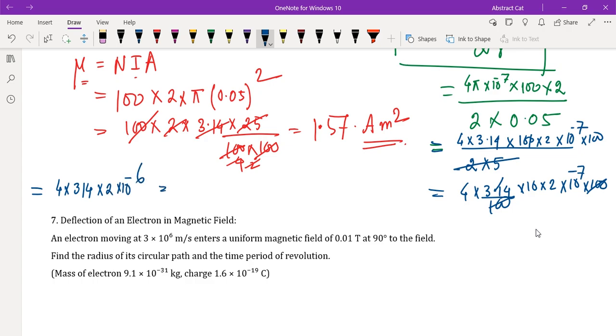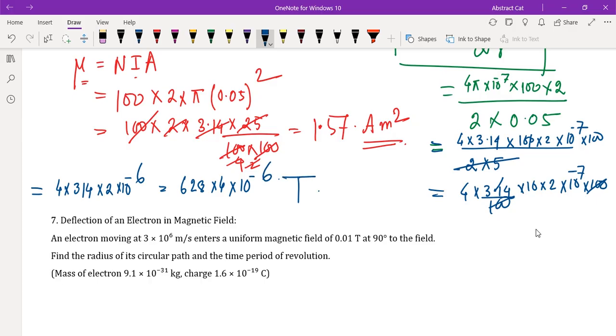So you get 3.2 equal to 6.28 times 4 into 10 to the power minus 6. That is B, in Tesla.